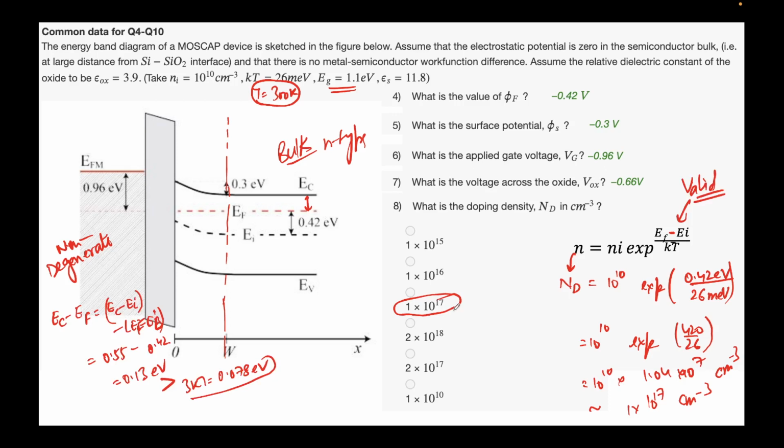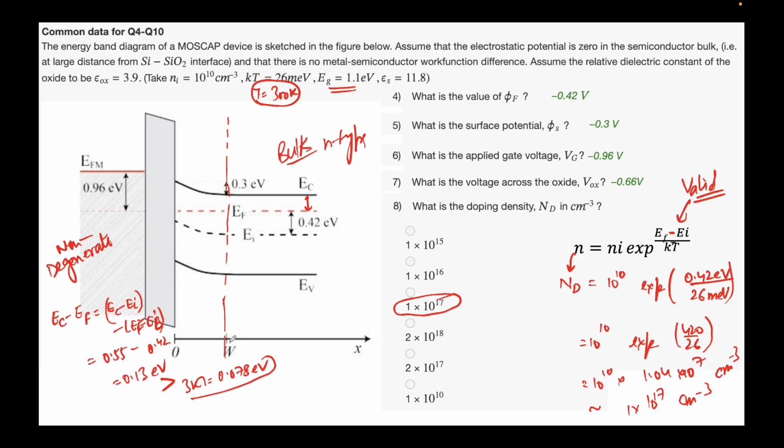But if we made it 10 to the power 18, then we might get dangerously close to this 3 kT figure. It's a good check to do, especially for some exams like GATE and maybe some university exams, multiple choice questions. You can lose marks just by not checking this. It's a good practice. If you have time, I recommend doing this.